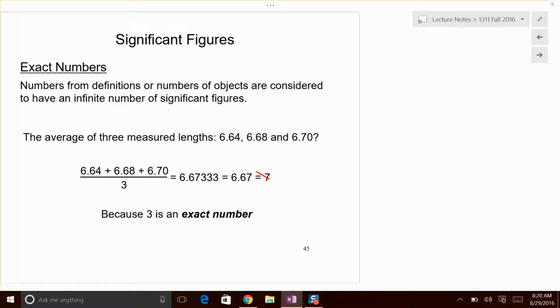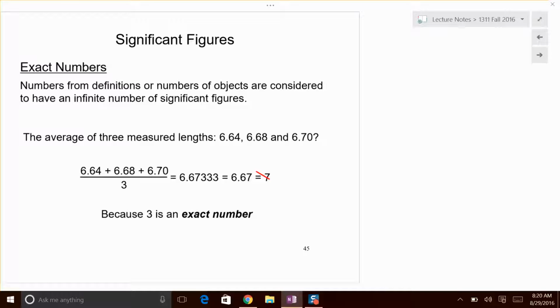It would only have 1. But in this case, because there is no guessing to it, that number has an infinite amount of significance to it.